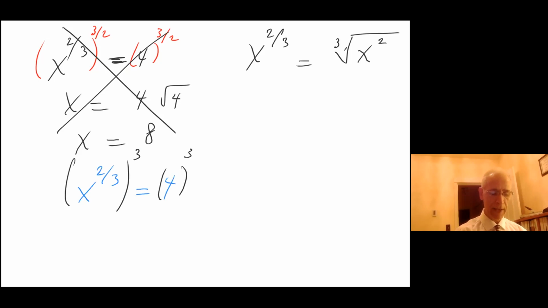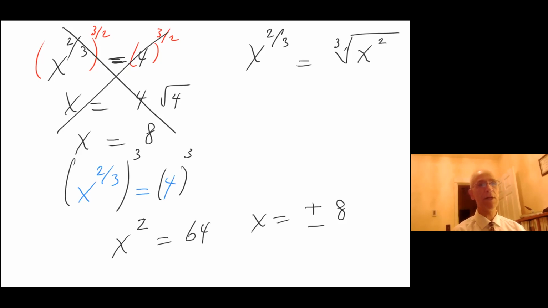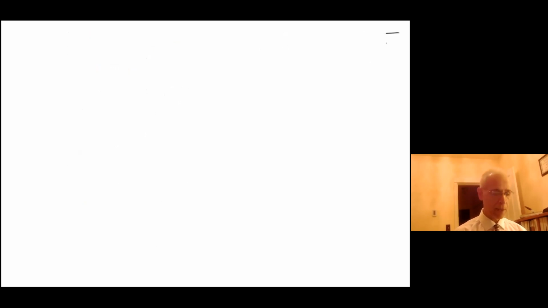So now we have x squared equals 4 cubed, which is 64. Now you have x equals plus and minus 8. So this time we didn't give part of the answer away. x equals plus and minus 8.